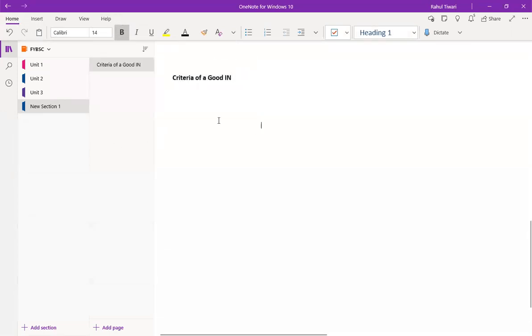The first is the time reversal test, TRT. TRT means time reversal test. We can understand the meaning from the name itself: time reversal test means when you interchange the time.